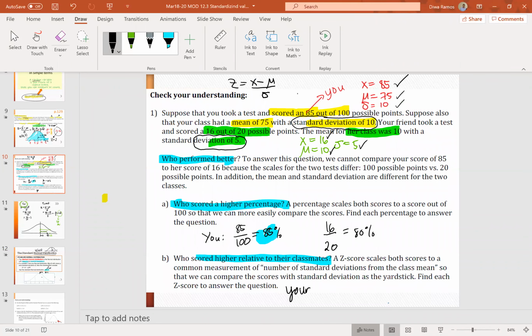Your friend has a higher z-score of 1.2, hence performed better. Apologize for the bad handwriting, it's a little clunky pen.